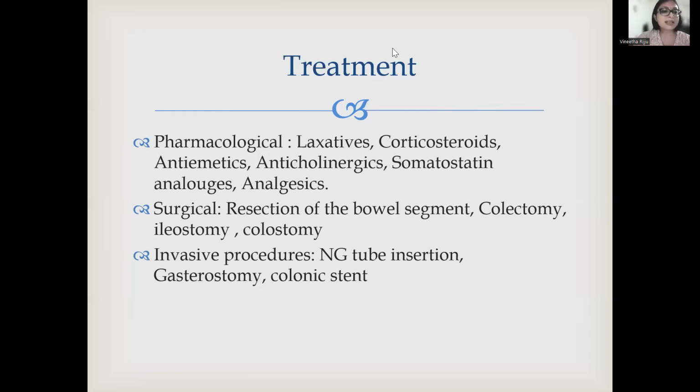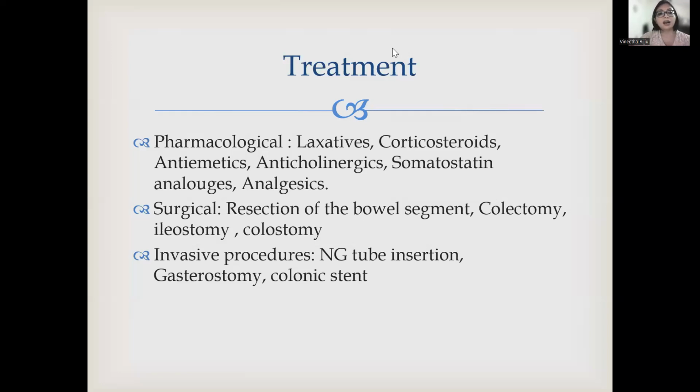Bisacodyl stimulant laxatives can be given. And generally, we do not encourage bulk enhancing, high fiber laxatives, which would in turn increase the bulk of the fecal matter, because already there is distension, right? So all these can be used.